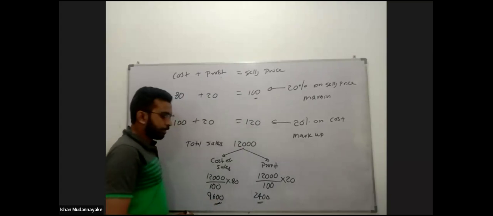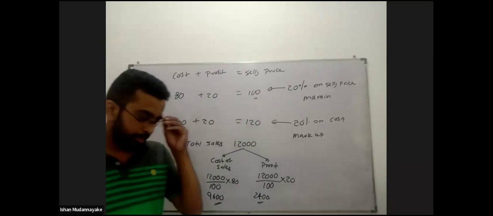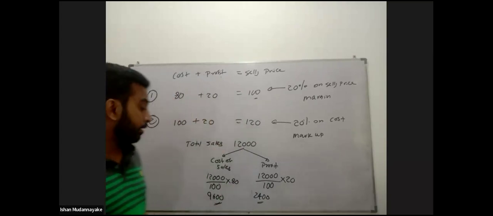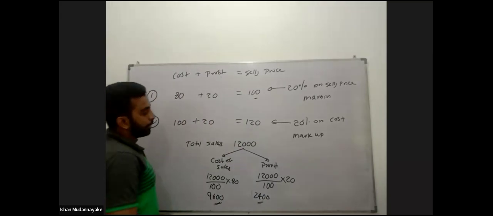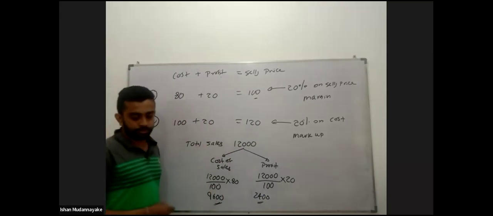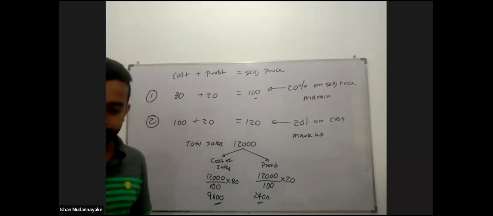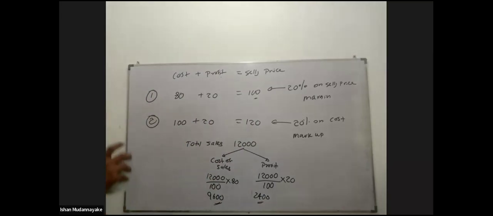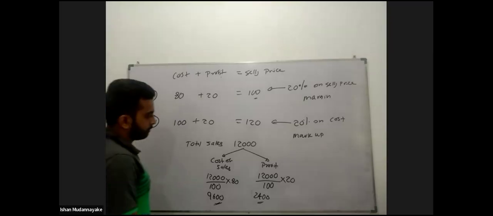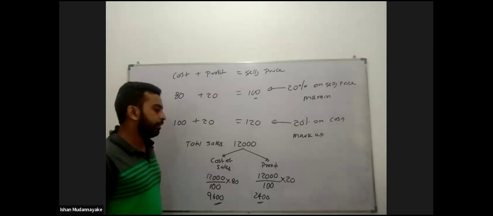The business organization calculates selling price by adding 20% on selling price. Okay, let's say like this.